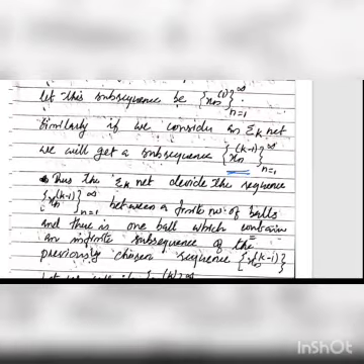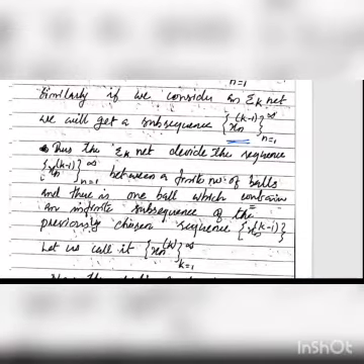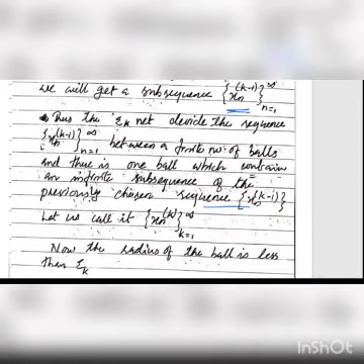This epsilon k net divides the sequence among a finite number of balls, and there is one ball which contains an infinite subsequence of the previously chosen sequence. Now we will take this subsequence as xn k.